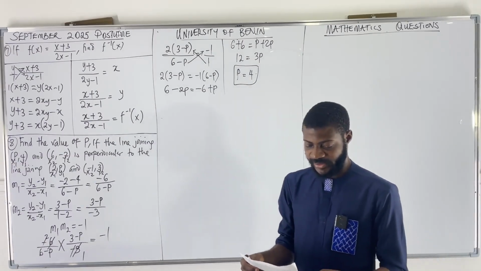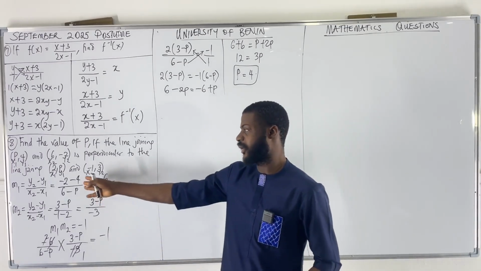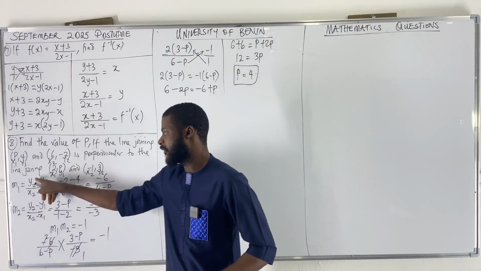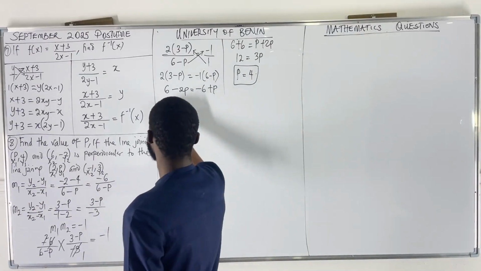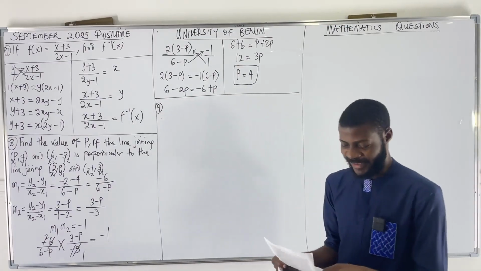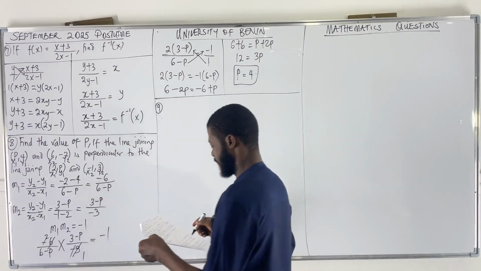Okay, let's proceed. So remember, the question in the exam can just ask you to find gradients. Whenever they say only find the gradient, this is the formula to find gradient. So question number 9. I'm trying to minimize what I'm using on the board.